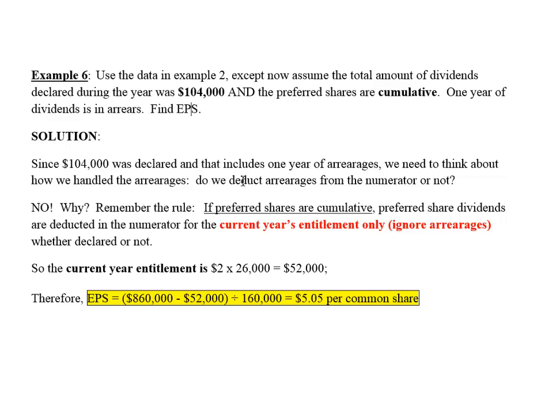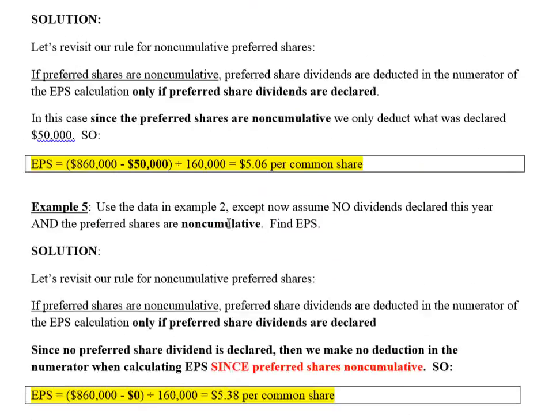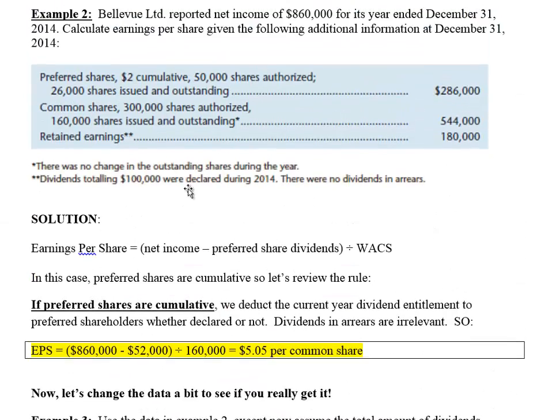Well, we know that the $104,000 that was declared includes 1 year of arrearages. Those arrearages for the previous year would be $2 a share times 26,000 shares. That was in our example 2 right here.